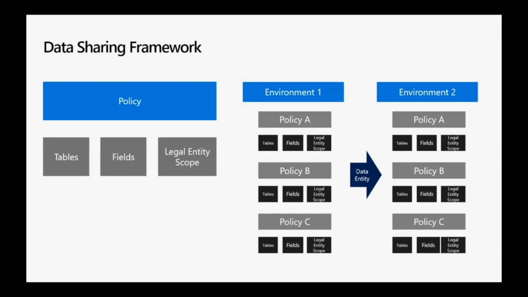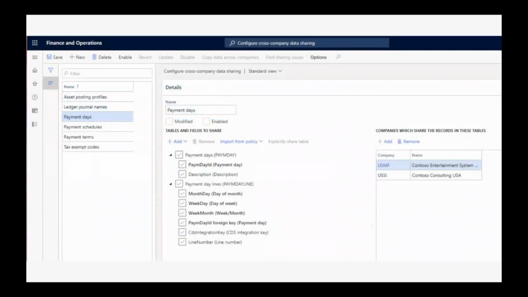So if we look a little bit at the configure cross-company data sharing page, you will see that I have imported the finance policies that are published today. Here on the screen is payment days, and you see in payment days we have two tables, the payment days and the payment day lines, and you see the fields which are synchronized by default if you just enable the policy.